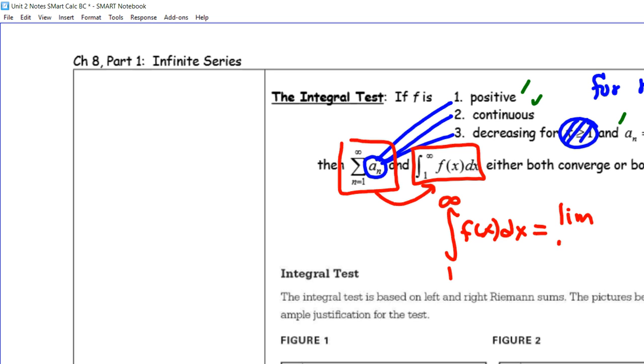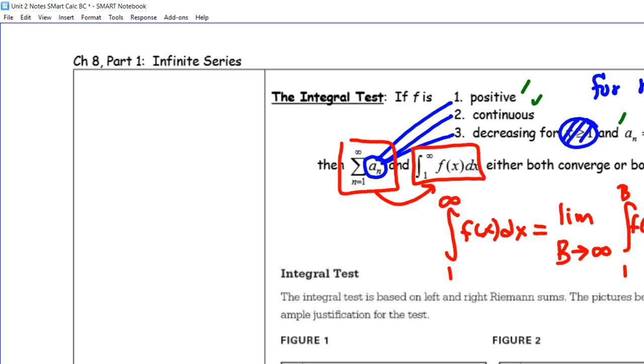The limit as b goes to the bound. Yes? And we do some fun stuff. This is back from chapter 7. This integral could either converge or diverge. If it converges, it's going to equal some number. If it diverges, it's going to equal plus or minus infinity. Yes?